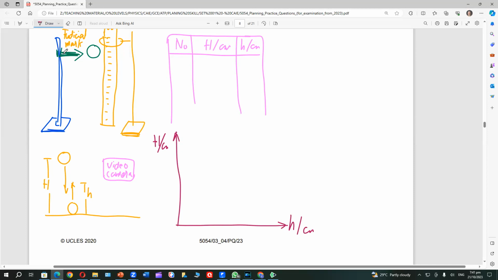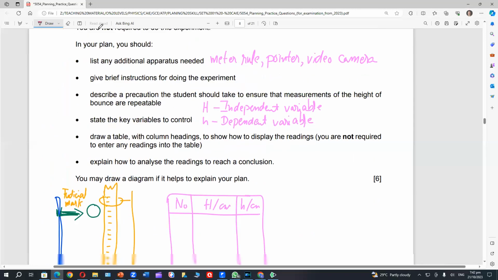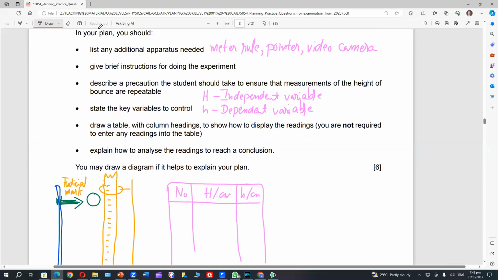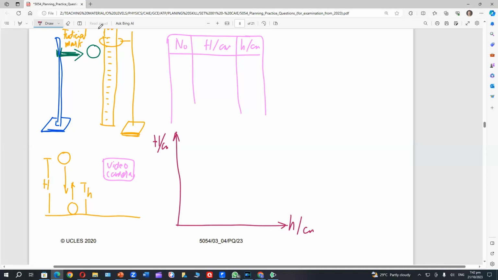So quickly copy this screen also. Should the independent variable not be on the x-axis? The independent variable is capital H, the height from where you drop the ball.